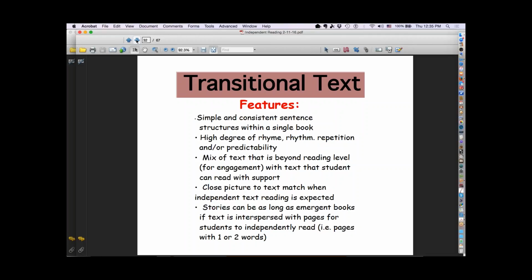A very close picture to text match if what we want is independent reading. It's okay for the stories to be as long as the enrichment books if that text is interspersed with pages for the students to read independently. So we might have a longer page that a parent or a peer is reading, and then a page with 1 to 4 words that the student is reading.